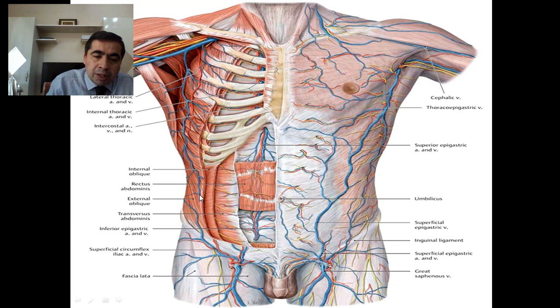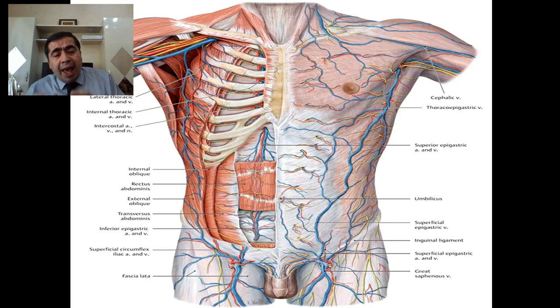The three broad muscles shown here are the external oblique, internal oblique, and the transverse abdominis muscles. These three layers, a three-laminar structure of the lateral abdominal muscles, are all flat muscles, and they have aponeuroses.